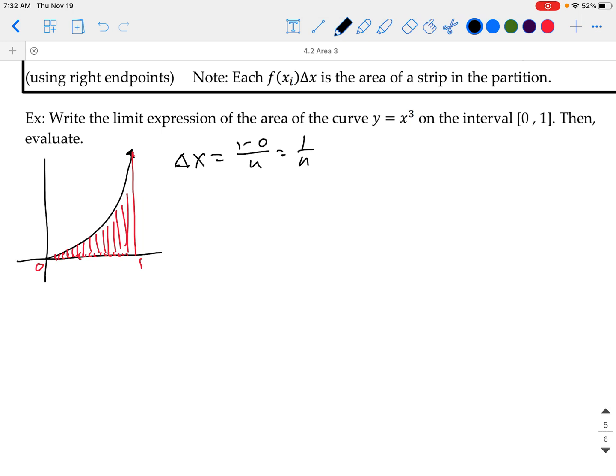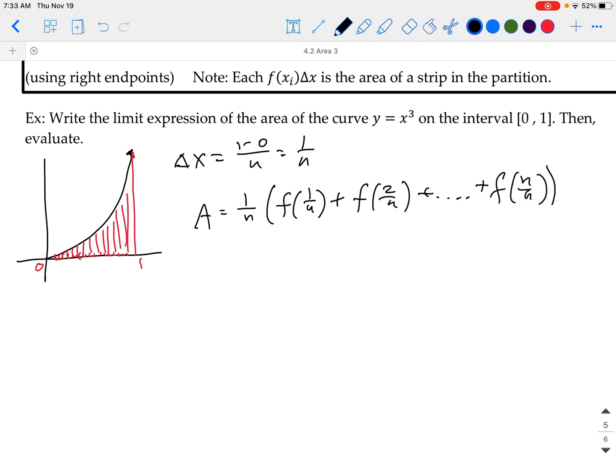And then our area is going to be each one of those rectangles. So 1 over n times f of 1 over n plus f of 2 over n, all the way up to f of n over n, which is just 1. But each one of those is just cubed, right?